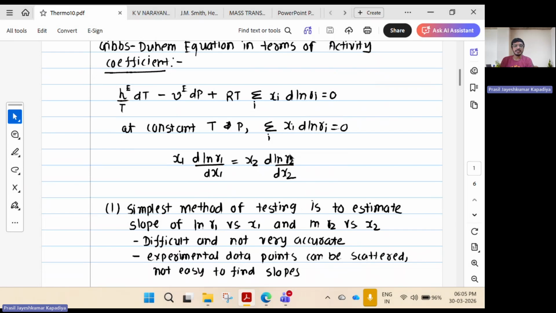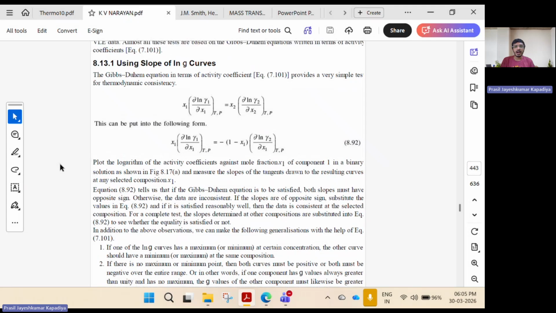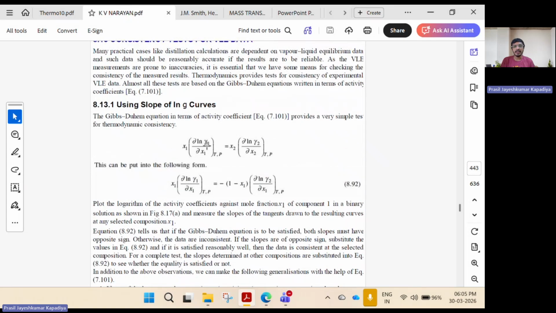So how can I use this equation to check consistency? The simplest method of testing is to estimate the slope of ln gamma 1 versus x1 and ln gamma 2 versus x2. We have x1 del ln gamma 1 by del x1 at constant temperature and pressure equals x2 del ln gamma 2 by del x2 at constant temperature and pressure.